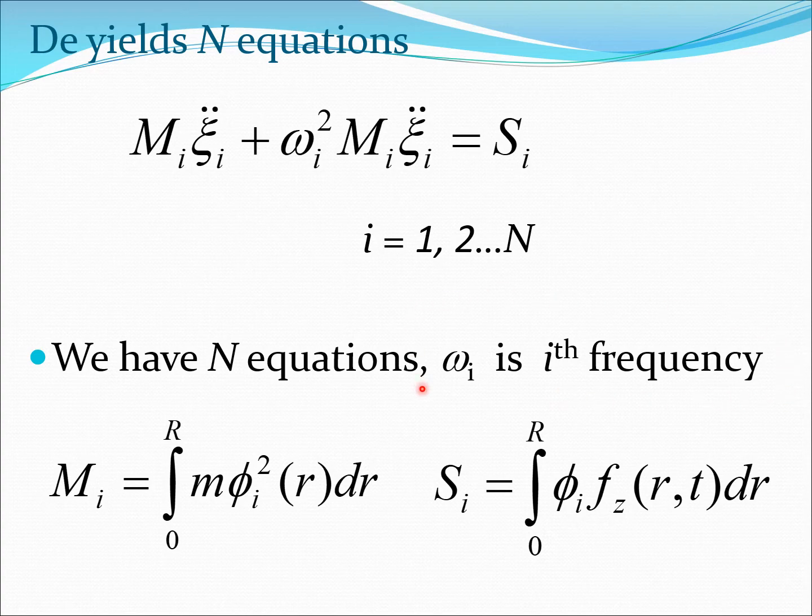And mi is expressed as this integral, si is expressed as this integral here. And of course we have m, we have phi, we have already calculated the mode shapes for the problem, and we also have fz, so we can obtain these matrices and vectors, and therefore we can solve this system.